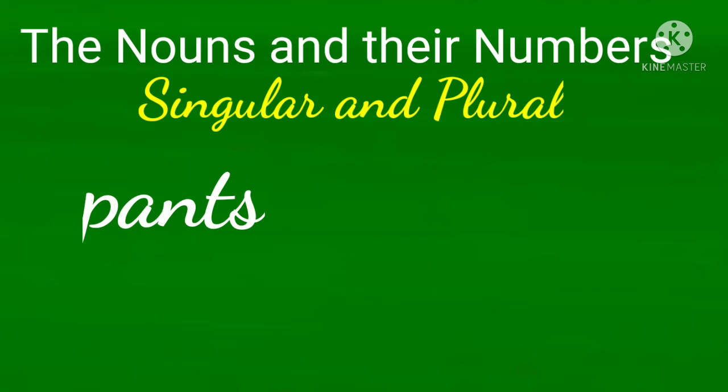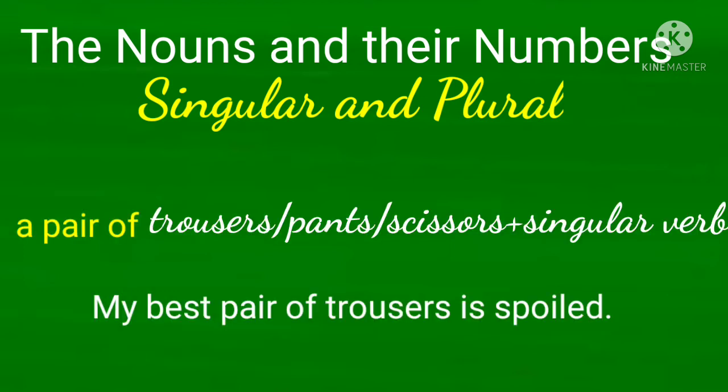But if you use the expression a pair of, they can be treated as singular and they can be followed by a singular verb. For example, my best pair of trousers is spoiled.